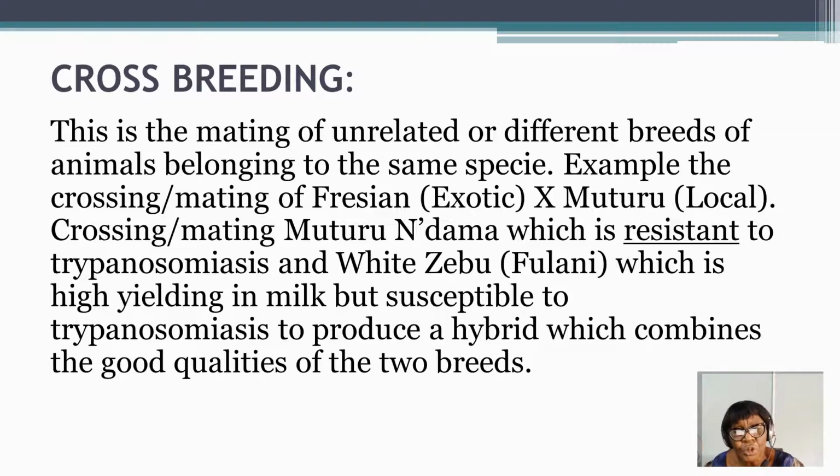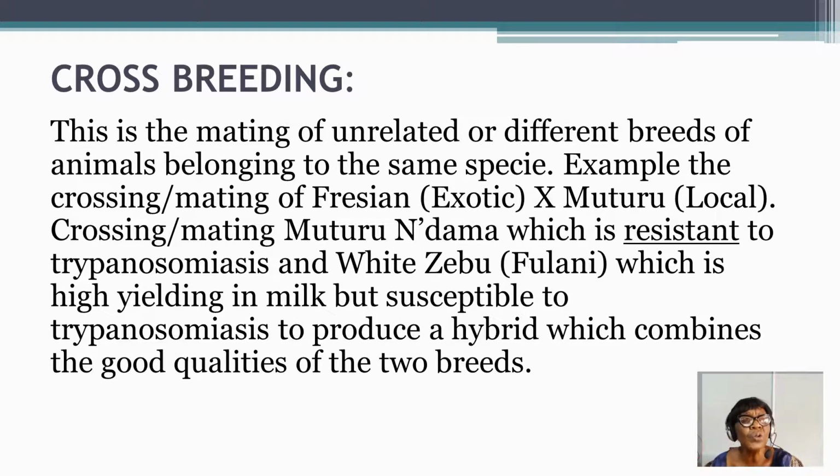So when you crossbreed two of them, they will produce an offspring, a cattle that is better than the Muturu and the Fresian, because it has combined the characteristics, the traits of the local and the foreign breeds. That's crossbreeding.